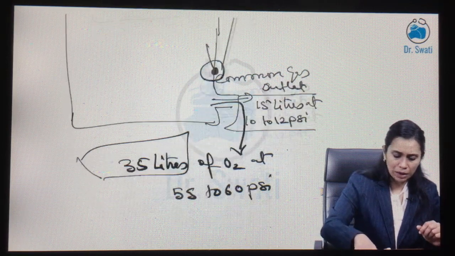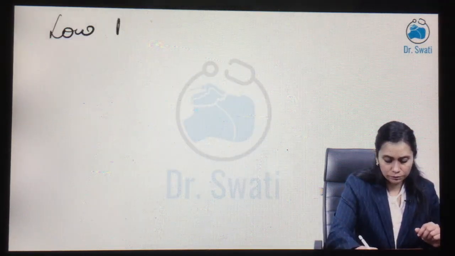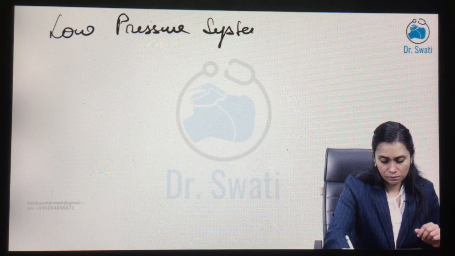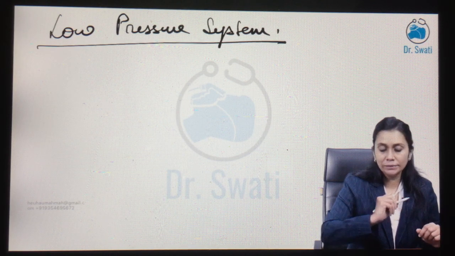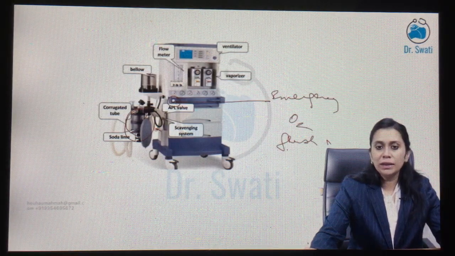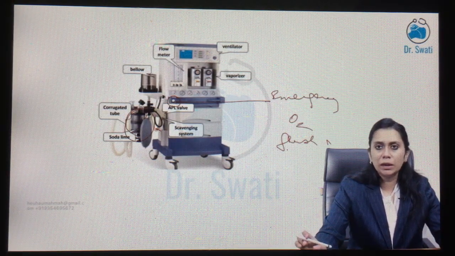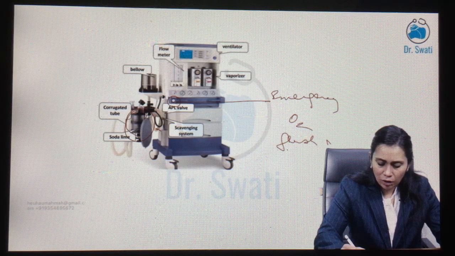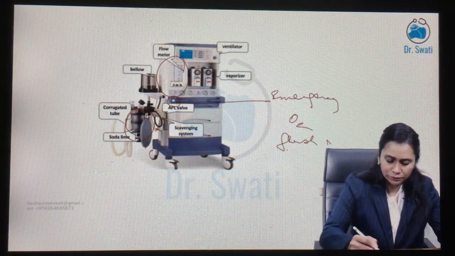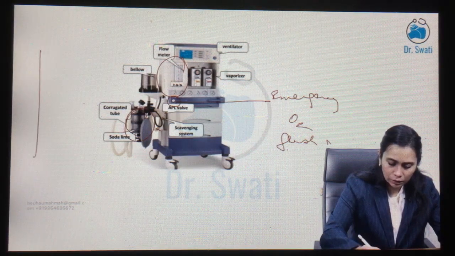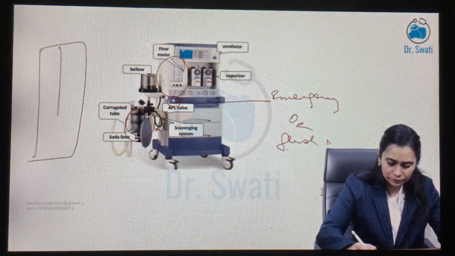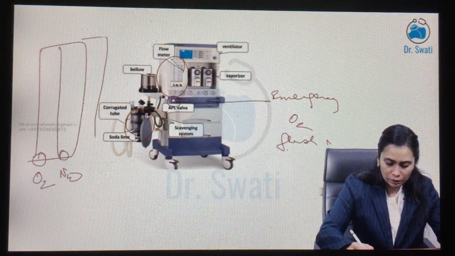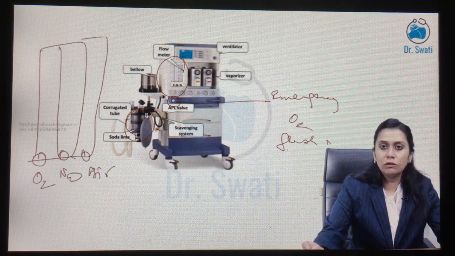Now comes the third part, the low pressure system. See this. Whatever you are seeing on the front of the machine, most of the things come under the low pressure system, right? These are the oxygen and nitrous oxide flow control valves, and the front of the machine also has the air flow control valve.